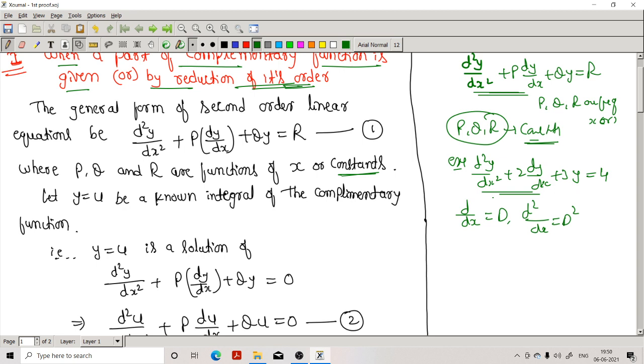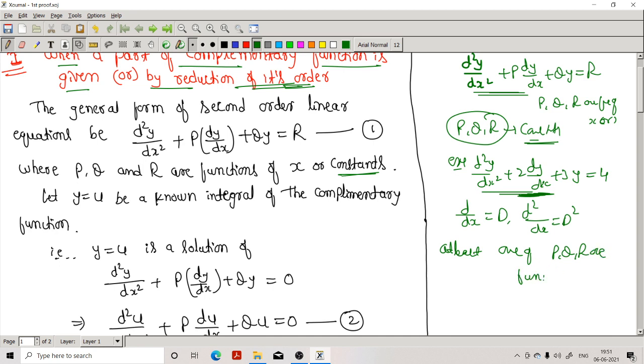This reduces to linear differential equations having constant coefficients, and we already know there are many methods for solving them. But now I am not sticking to this type, where all P, Q, R are constants. At least one of P, Q, R is a variable or a function of x.